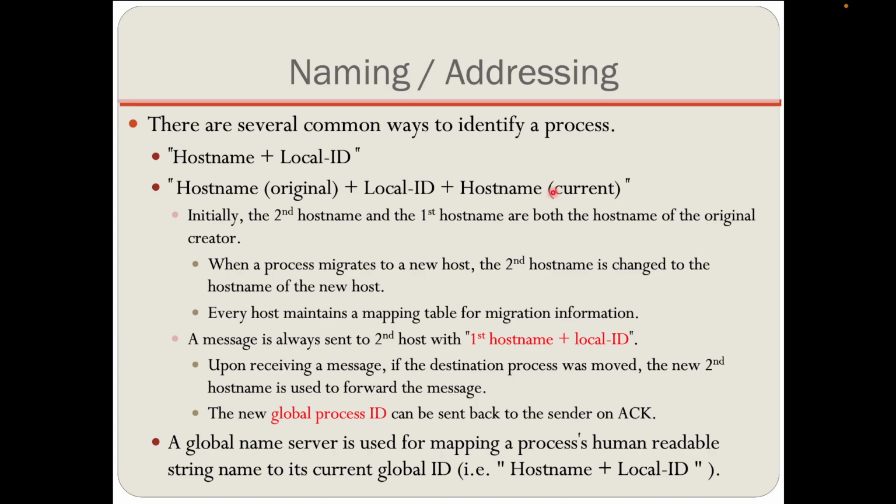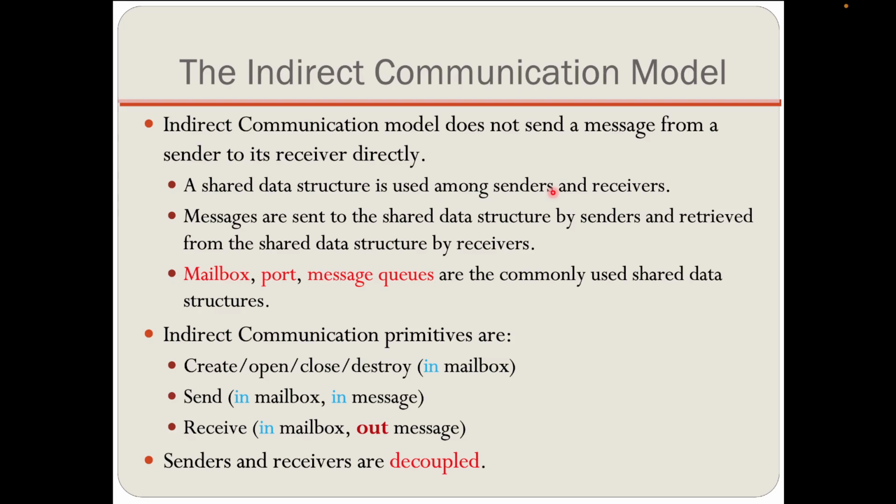The major reason is that garbage collection is not done well, so a lot of system memory buffer is wasted in some places. The system memory usage becomes too high, so eventually the performance is affected. So that's the major problem for this kind of direct communication model. That's why we have indirect communication models.